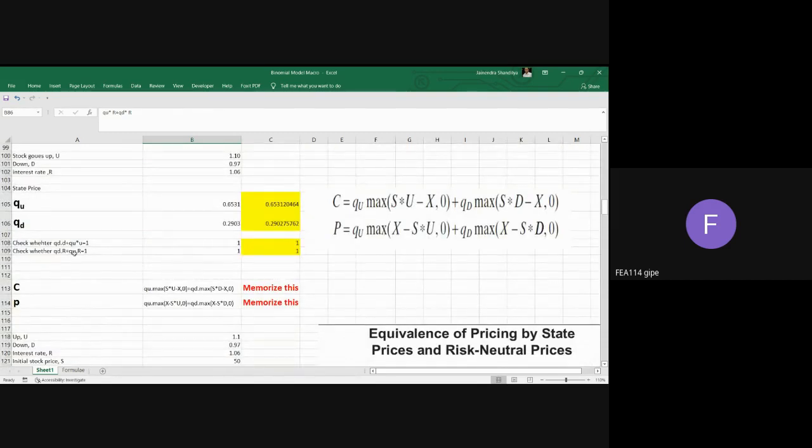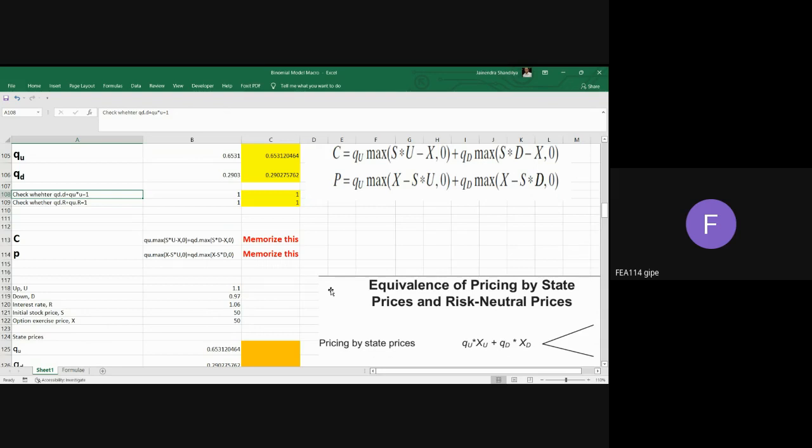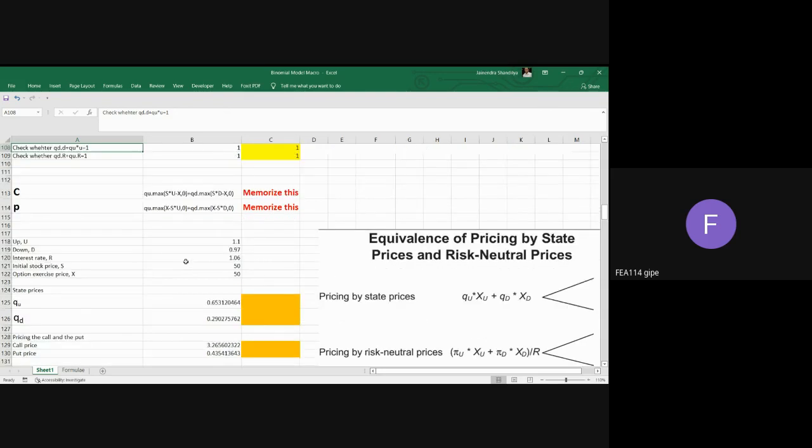So this QD into D and QU into U is nothing but the risk neutral probability of going up and going down, which is what we call pi U and pi D. So about that, I will explain when we come back here. Let's go one by one.